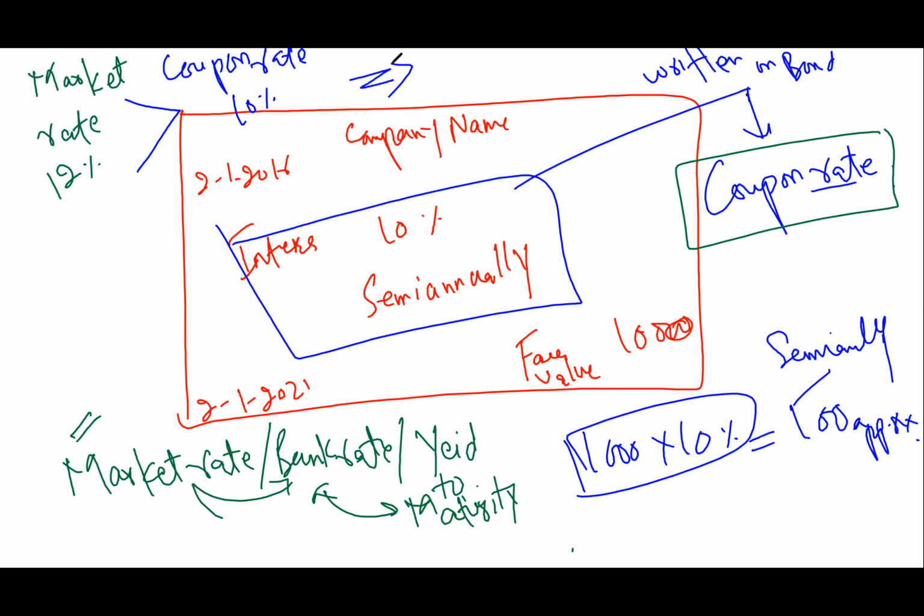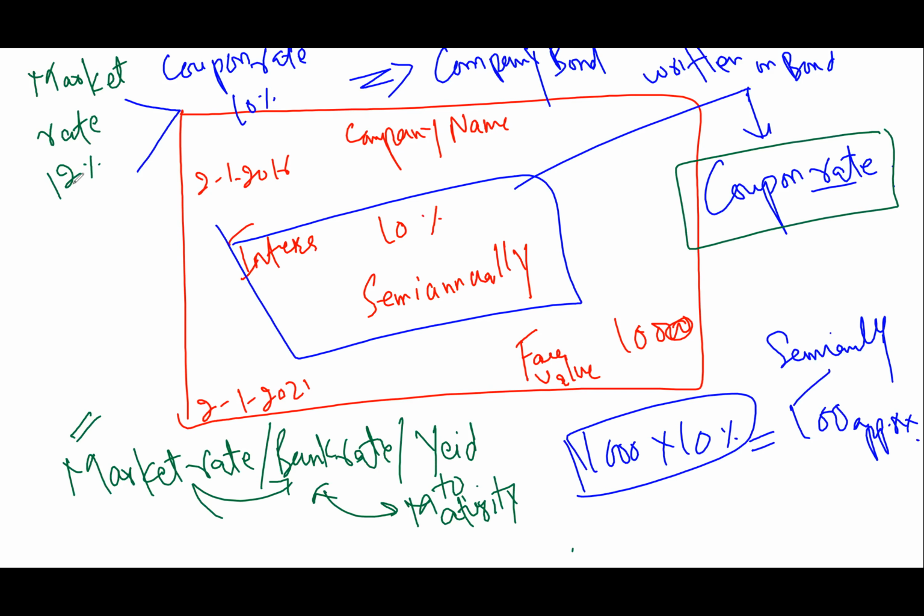So in that case, does the supply of the company's bond increase or decrease, or you can say demand increase or decrease? Just forget about that. In that case, supply is there, but does demand for the company bond increase or decrease?